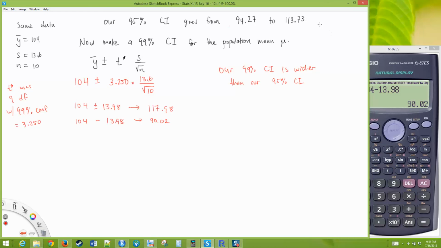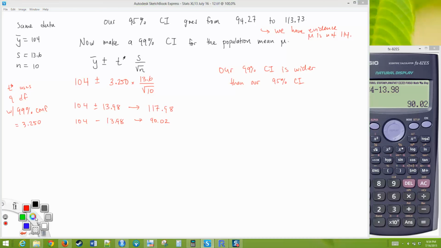I'm using the exact same data here. And here we say, we have evidence mu is not 114, right? Because 114 is outside of my interval.